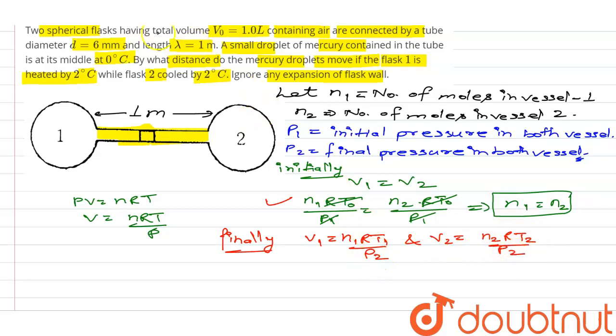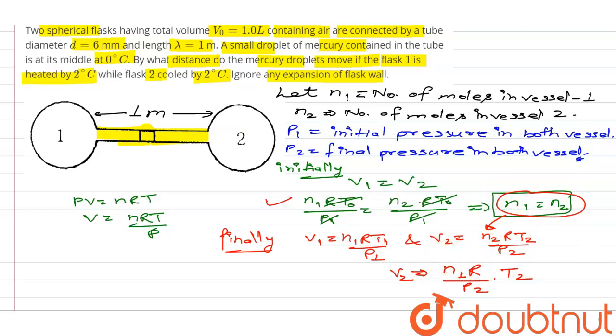Sorry, my mistake, this is P1. Now we can write V2 is equal to N1 R divided by P2 into T2. Because N1 is equal to N2, put N1 in this equation in place of N2, so we can write it as N1 R divided by P2 into T2.